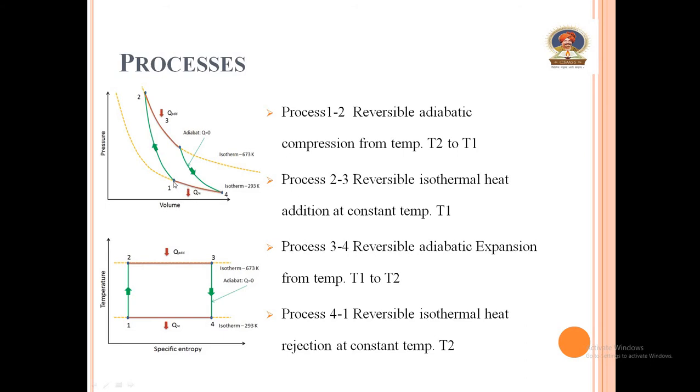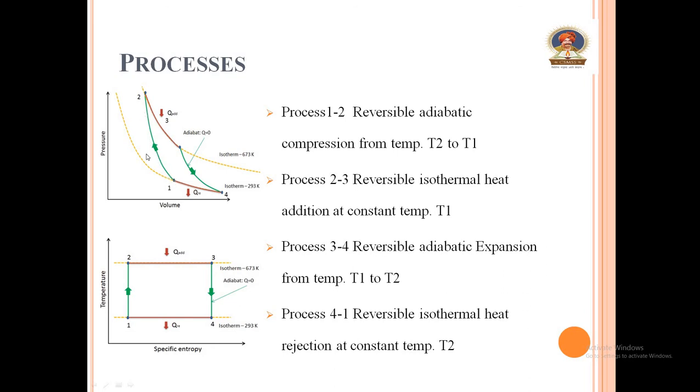You can see process 1 to 2 is a reversible adiabatic compression. As you know, in compression what happens? In the compression process the pressure increases and volume goes on decreasing. So this is a reversible adiabatic compression process from 1 to 2.